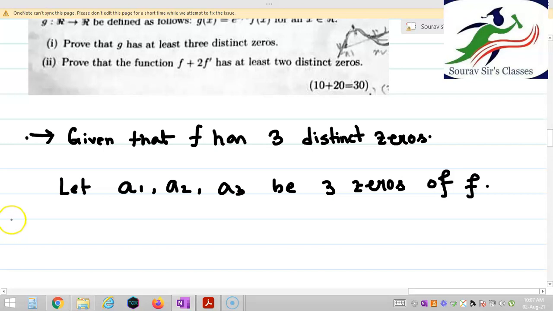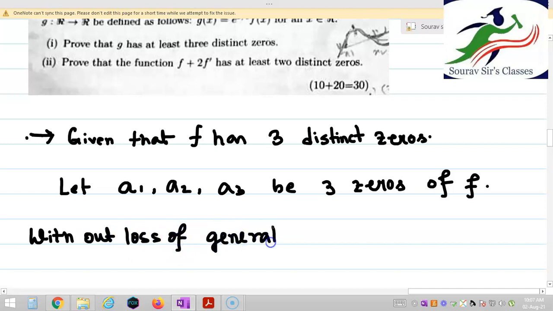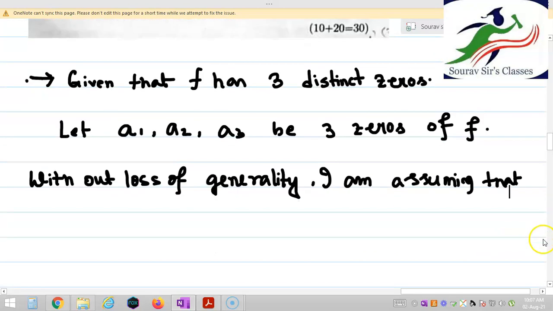Without loss of generality, I am assuming that a1 is less than a2, less than a3.